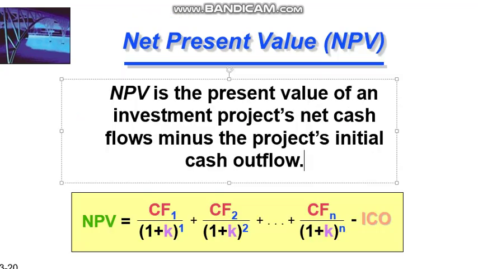Now the most wonderful method, that is net present value, because this is the middle of the older stage and the youngest, the newest age. This is the middle of them, because we can consider it often acceptable. So what is the theme behind that? Net present value is the present value of an investment project's net cash flows minus the project's initial cash outflow.